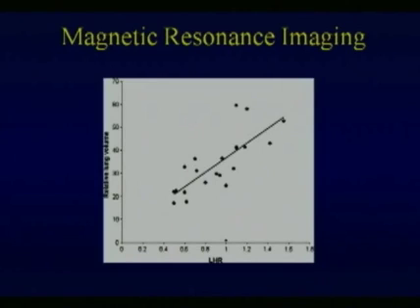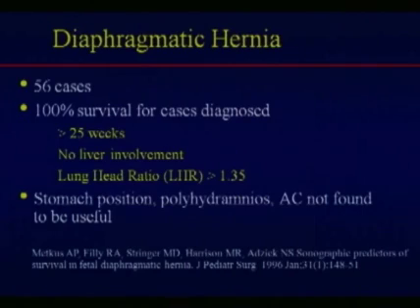I'm going to get to that in just a moment. This is important: there's a good correlation again between lung to head circumference ratio and lung volumes using MRI. So we certainly can use MRI, but the lung to head circumference ratio with ultrasound alone is, in fact, very predictive. This is a valuable tool, again, to help separate those with good prognosis from those with poor prognosis.